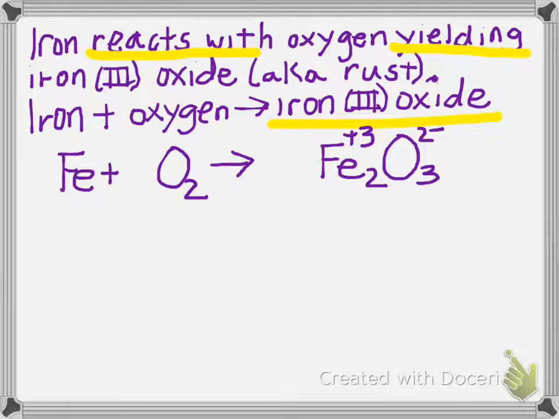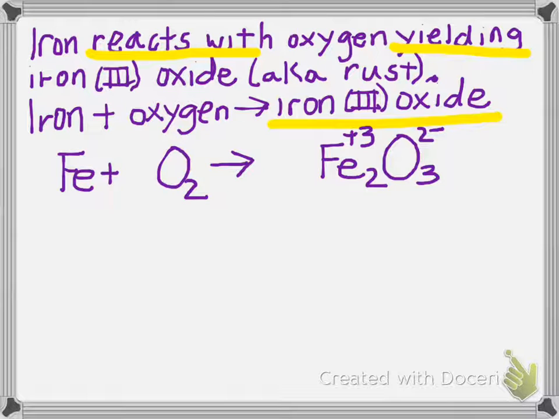So now I have a skeleton equation. Now, is this skeleton equation a balanced chemical equation like our last example? Nope. Notice right now I have 1 iron on the reactant side, 2 irons on the product side. I have 2 oxygens on the reactant side and 3 oxygens on the product side.